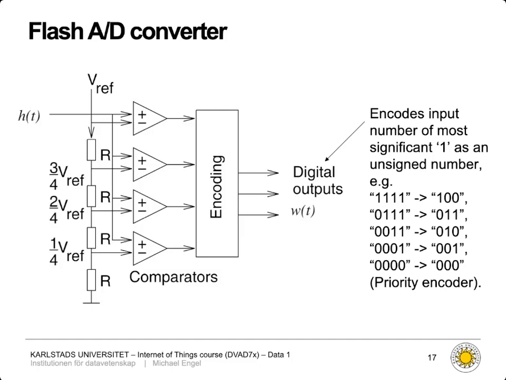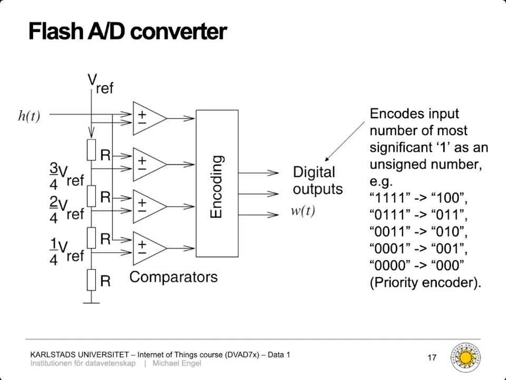On top of the bottommost resistor, we have 1/4 of the reference voltage, so 1.25 volts. On top of the second resistor, we have half of it, so 2.5 volts. On top of the third resistor, we have 3/4, so 3.75 volts, and we have Vref as the highest reference voltage on top.